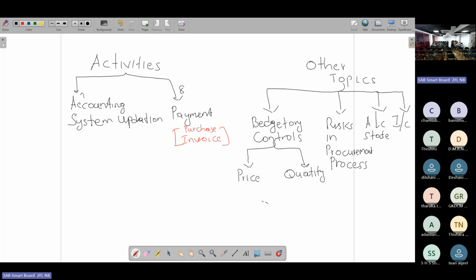Cash management, as I told you, is a management process, not a step-by-step process like purchase and sales. When it comes to an organization, assets are the most important thing. Out of those assets, cash, inventory, property, plant, and equipment are most important. It doesn't mean other assets are not important, but cash is most important, because they do the business to earn cash.